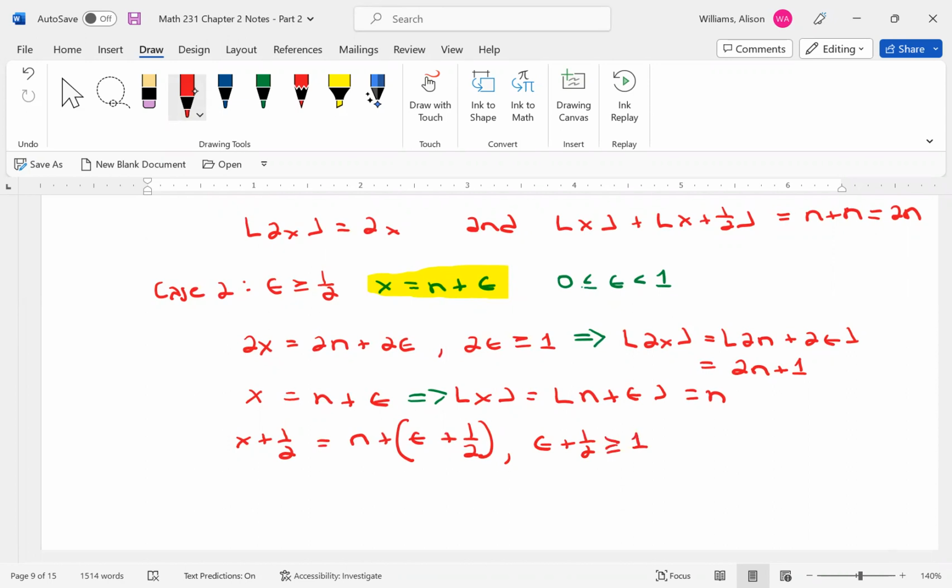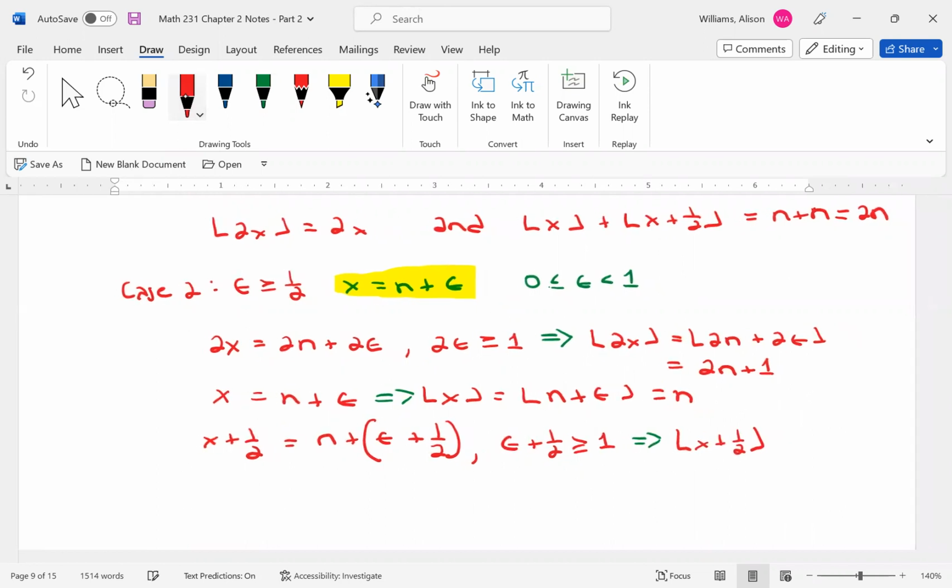So the lowest it could possibly be is a 1. So it's going to be bigger than that, which means that when I look at the floor function for x plus 1/2, then I have n plus epsilon plus 1/2, and that's going to end up being n plus 1. It's going to end up pushing it into the next integer bracket. So it's going to be 1 bigger.